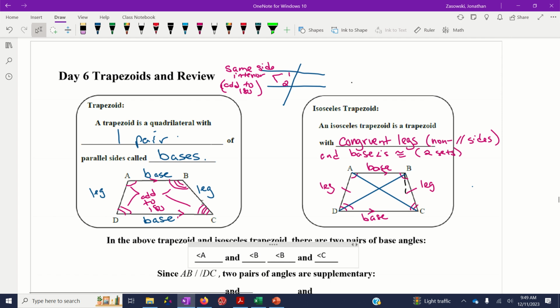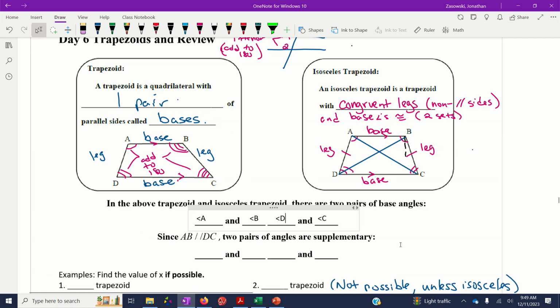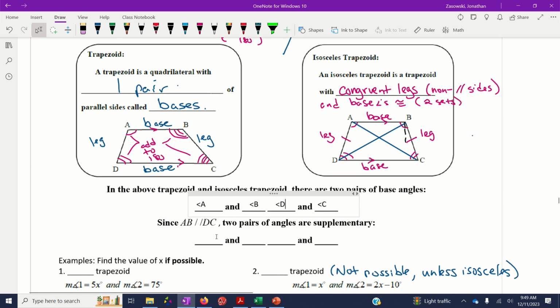Angle A and angle B are along the same base. Those are base angles. And then angle C and angle D. Those angles, AD and BC, are supplementary. Now, there are two angles that are supplementary, like we just talked about. Angle A and angle D, and then angle B and angle C. Those are supplementary.